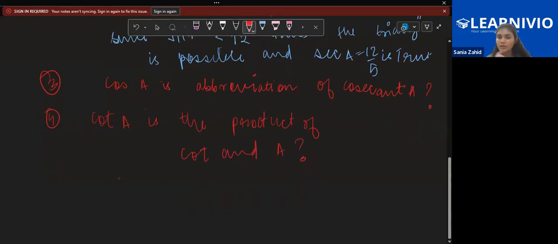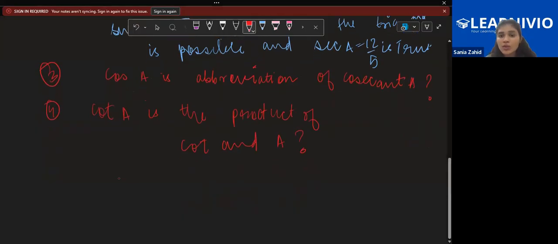No, ma'am. Then what is the meaning of cot A? It means cotangent of angle A, the inverse of tan. That does not mean that it is cot into A. That is a ratio. That means cotangent of angle A.